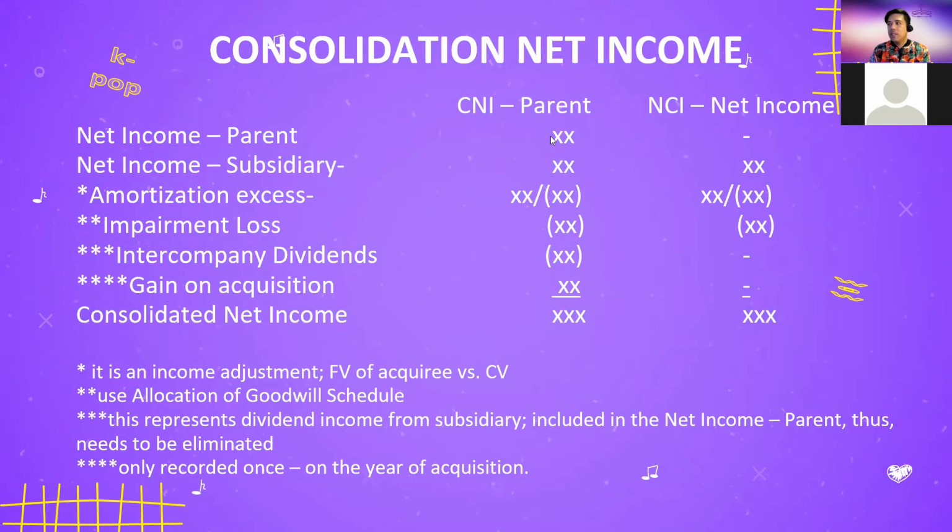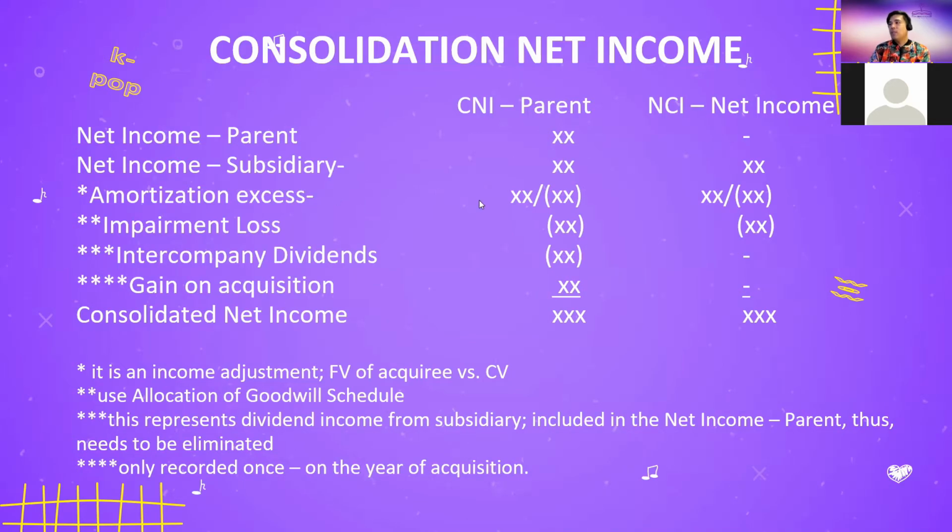This is the net income from the separate operation of the parent. Of course, the subsidiary also has its separate operation. But take note, we have to split this based on the proportionate share. In my given example earlier, it's 80% to the parent and 20% to the non-controlling interest.